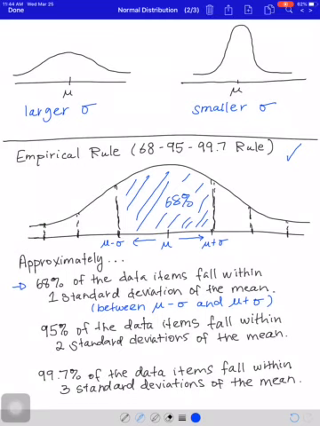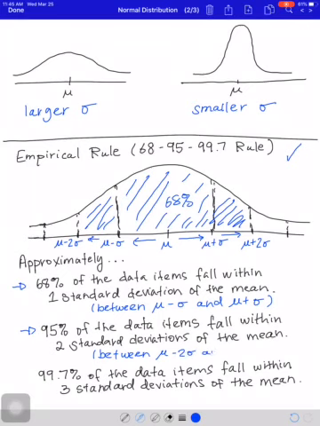Similarly, if we go out 2 standard deviations, so now I'm going to go one more standard deviation to the right, which would be mu plus 2 sigma. Or if I were to go to the left, one more standard deviation, now I would be subtracting 2 standard deviations, so mu minus 2 sigma. Well, in this case, we get even more of the data items. We actually get 95% of them. So 95% of the data items fall within 2 standard deviations of the mean, or between mu minus 2 sigma and mu plus 2 sigma.